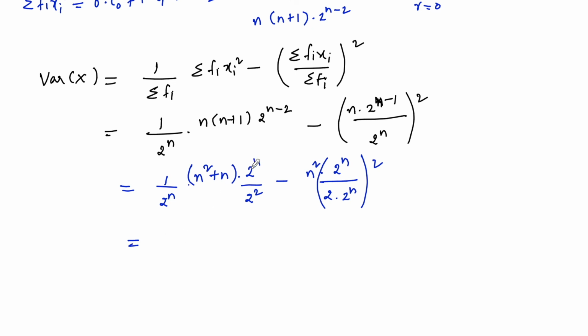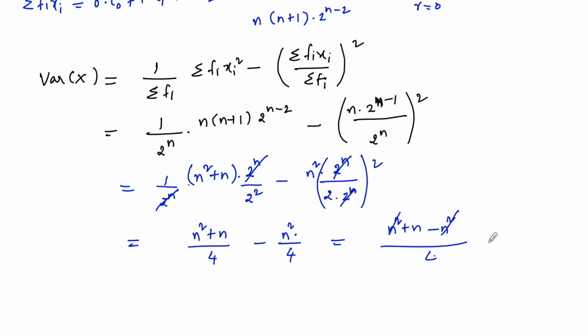Here the 2 power n gets cancelled, so we have n square plus n upon 4 minus n square upon 4. That is 1 upon 4 into n square plus n minus n square. The n square gets cancelled, so we have the answer n upon 4. Therefore the variance of the variable x is n by 4.